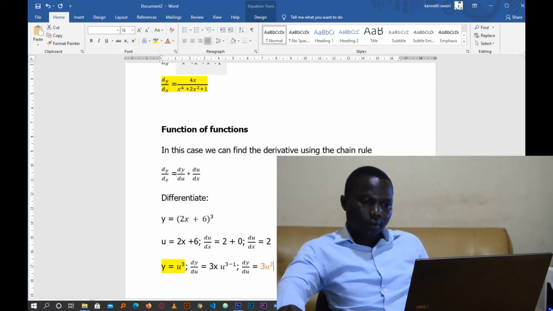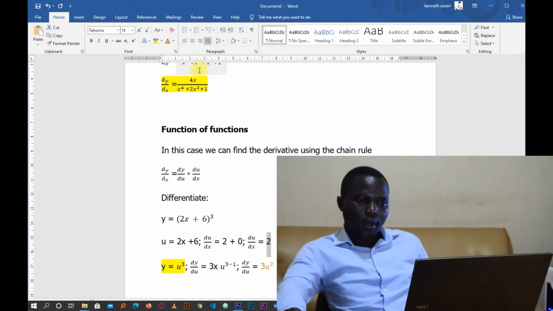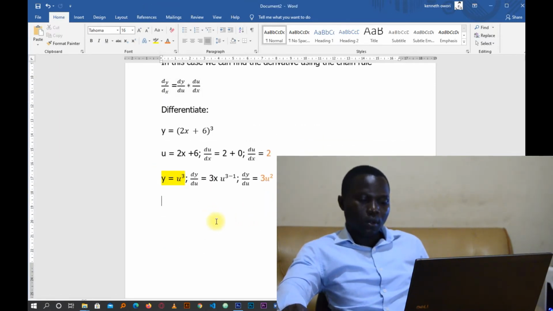and then we also have du/dx as 2. So we can now find our dy/dx by substituting those variables into a template.